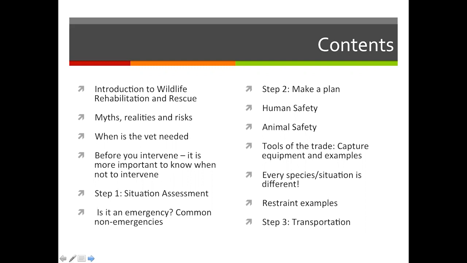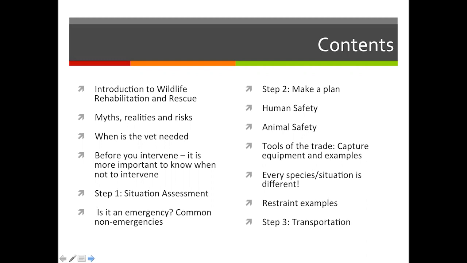I will, of course, mention when the vet's needed, and then we will talk about when to intervene. And oftentimes it is more important to know when not to intervene. So step one is the assessment. We will talk about that, and whether it is actually an emergency. I will give you some common non-emergency examples.